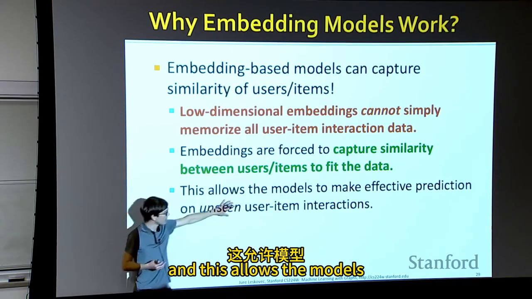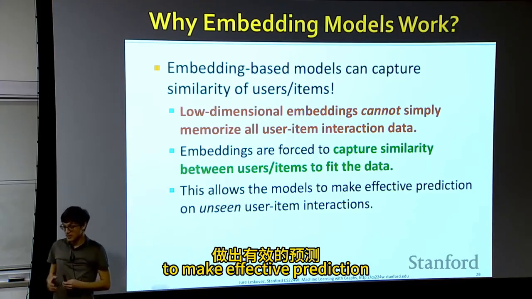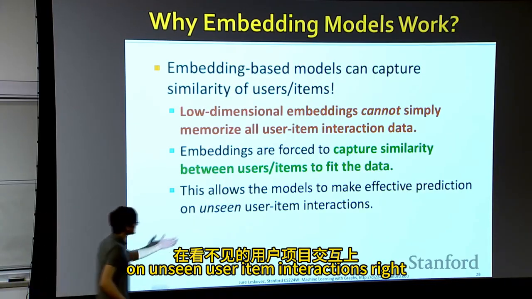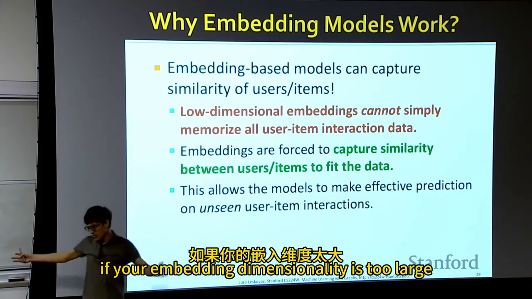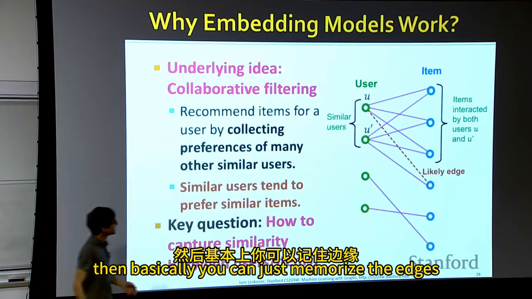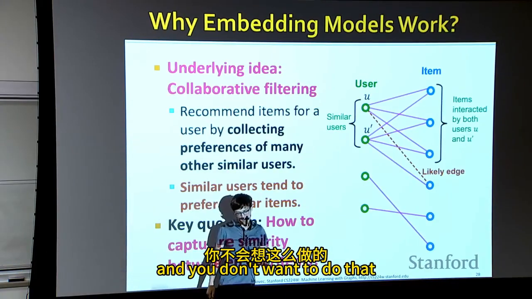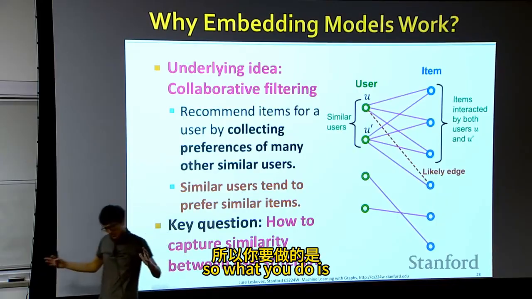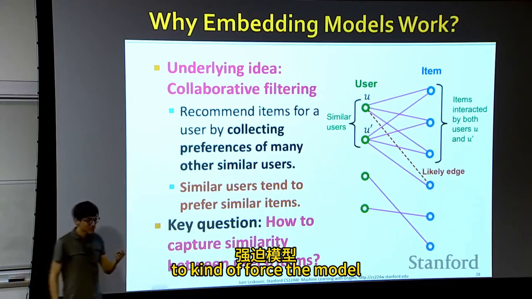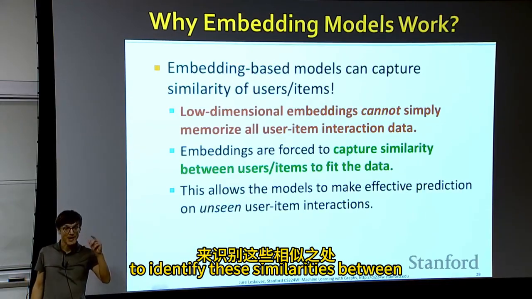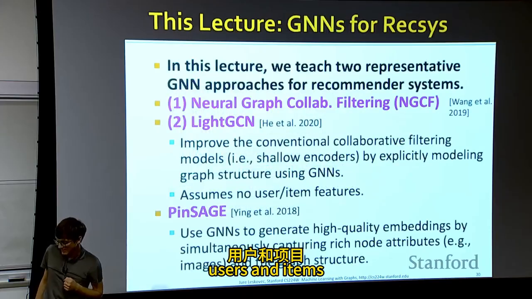And this allows the models to make effective predictions on unseen user-item interactions, right? If your embedding dimensionality is too large, then you can just memorize the edges, and you don't want to do that. So you make the embedding dimensionality a bit smaller to force the model to identify these similarities between users and items.